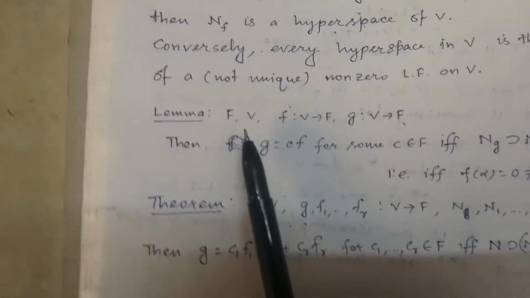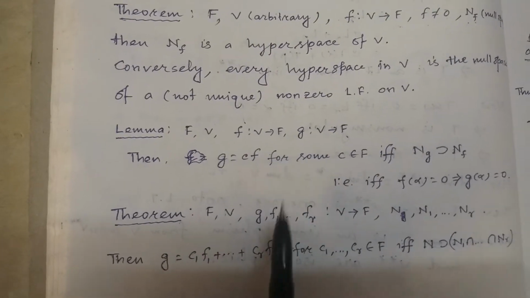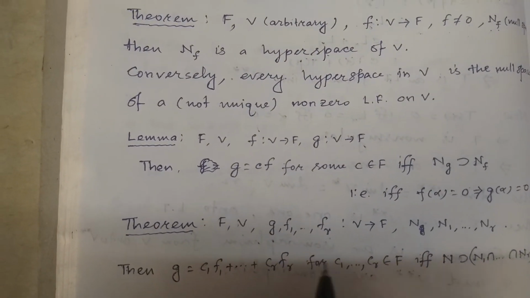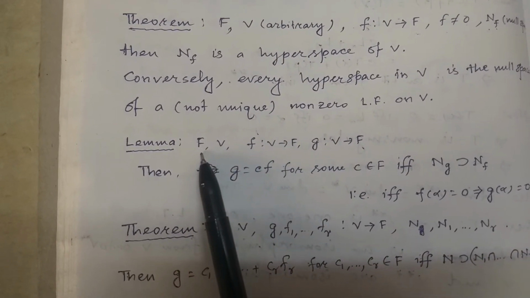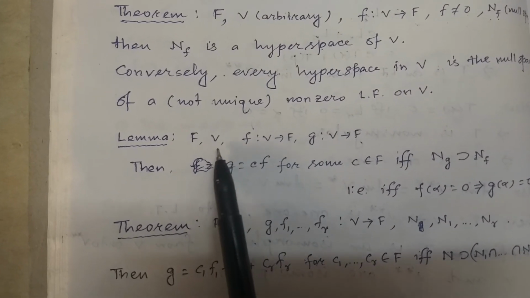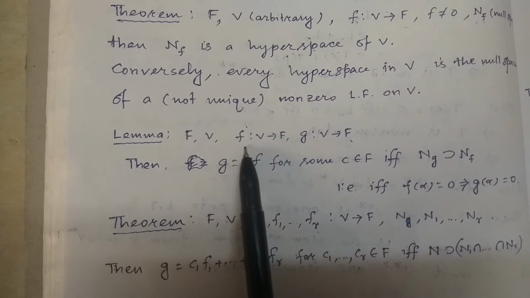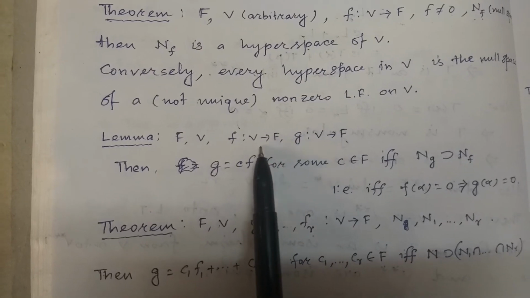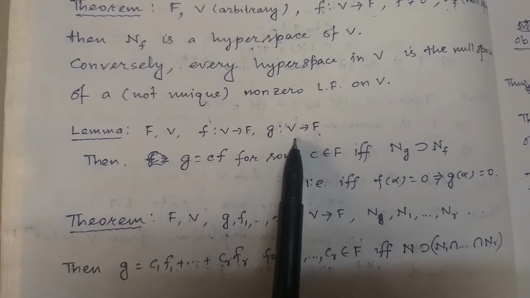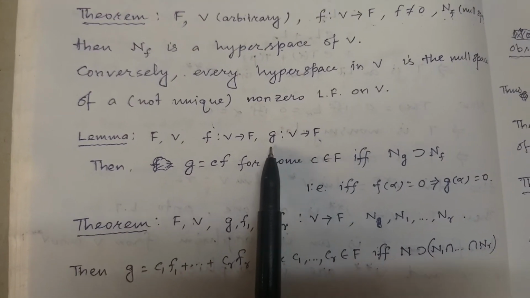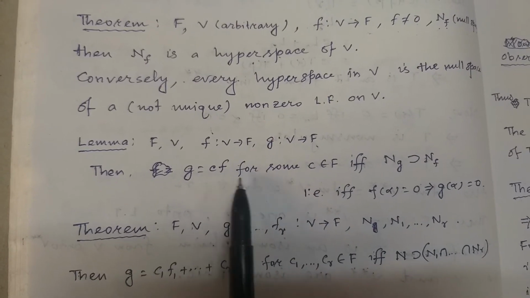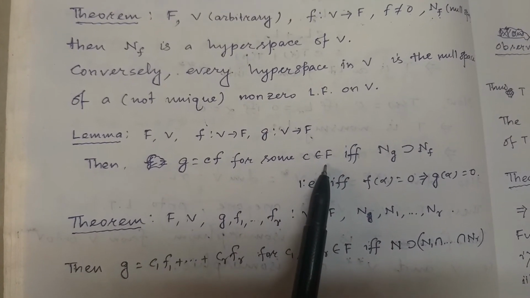Now we have a lemma. This lemma is used to prove the next theorem, though we will not prove it. Let capital F be a field, V be an arbitrary vector space. Small f is a functional from V to F, and g is another functional from V to F. Suppose g equals c times f for some scalar c.